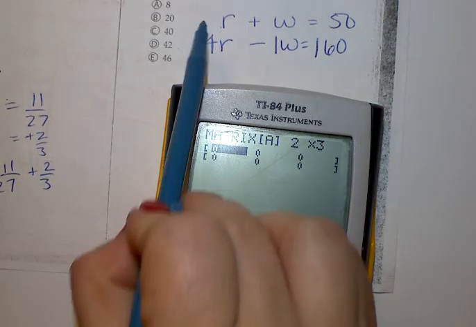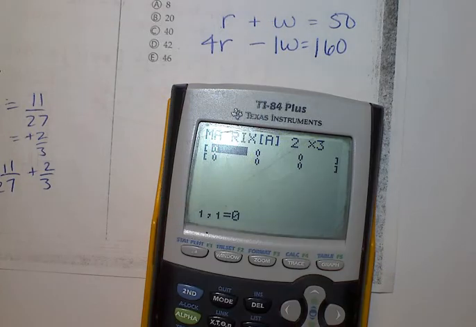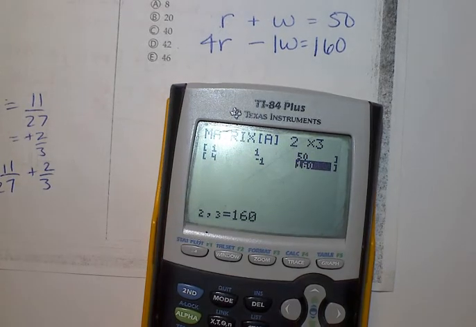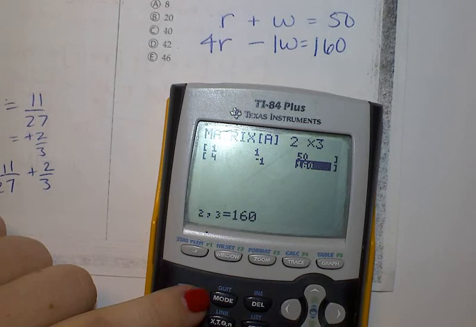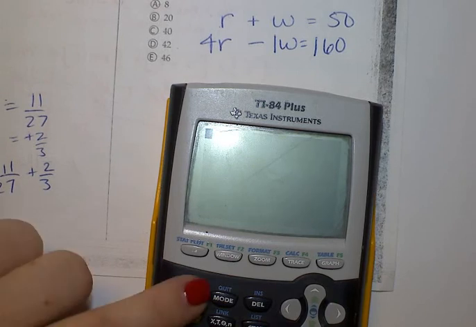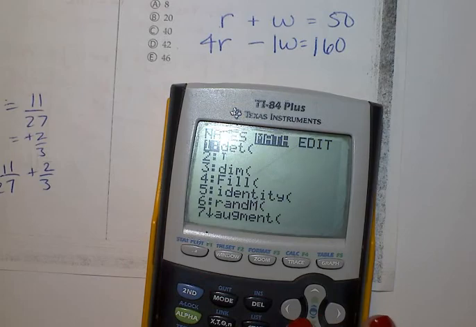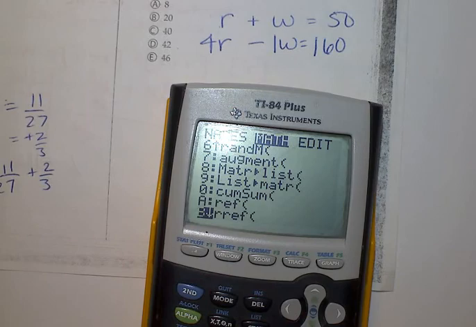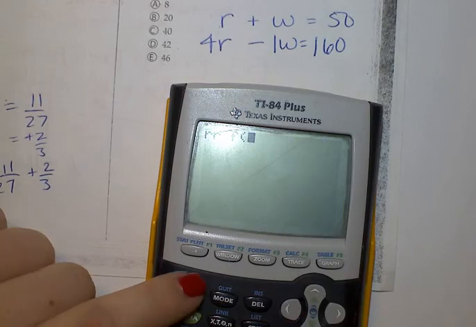So I have 1, 1, an answer of 50, 4, -1, and 160. Now I'm going to do second quit, go back to second matrix, math, and find RREF. We're going to go back and pick the matrix where we substituted in these numbers and hit enter.